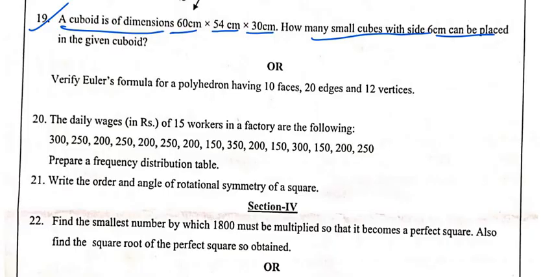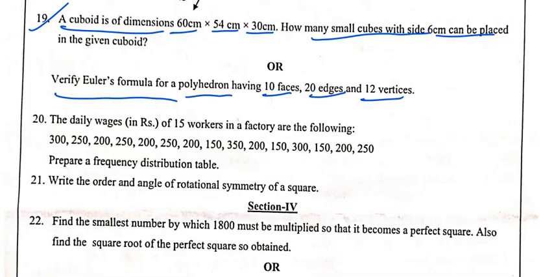Now moving to the next question, that is given, verify Euler's formula for a polyhedron having 10 faces, 20 edges and 12 vertices. So first of all we have to write what is given. F is equal to 10, that is 10 faces, vertices and edges, always will be given in the question.